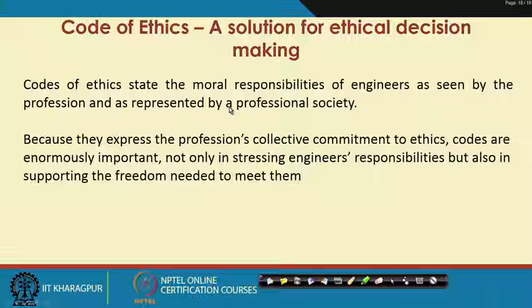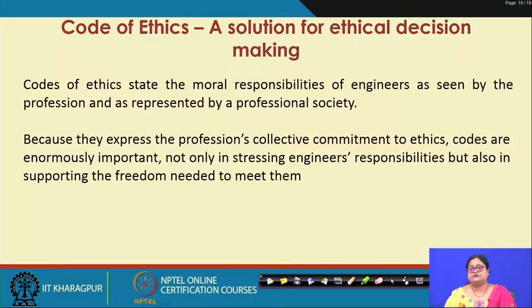So what we find is that codes of ethics state the moral responsibilities of engineers as seen by the profession and represented by a professional society. Because they express the profession's collective commitment to ethics, codes are enormously important, not only in stressing engineers' responsibilities, but also in supporting the freedom needed to meet them.